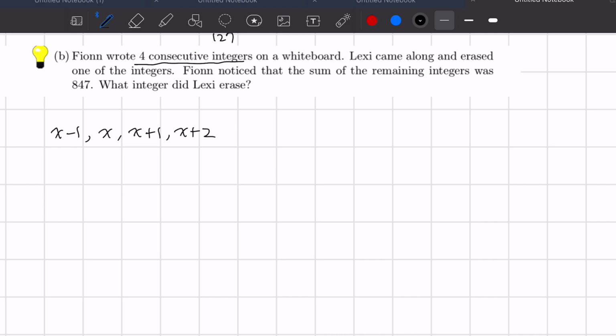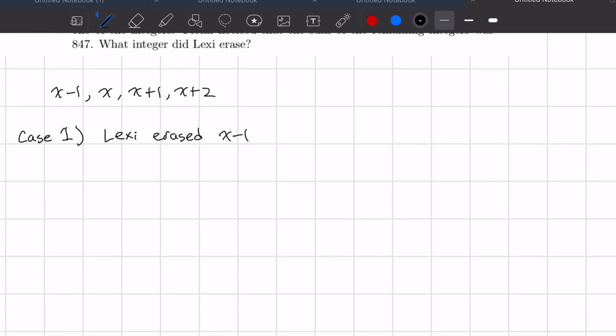And we have to divide into cases based on which integer Lexi erased. So case 1, Lexi erased x minus 1, and case 2 would be Lexi erased x.